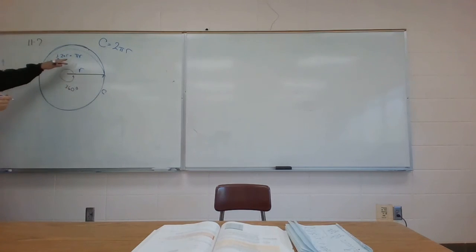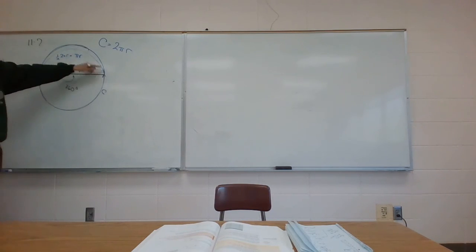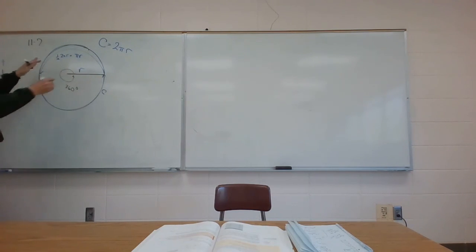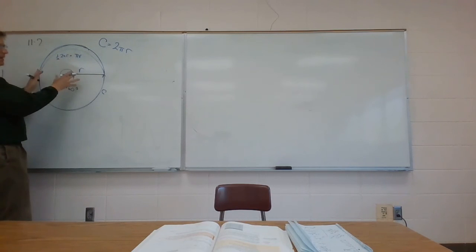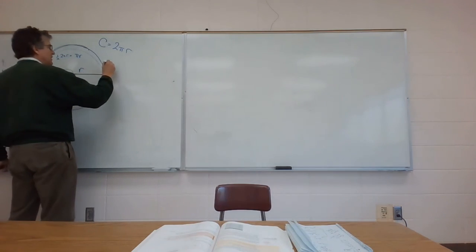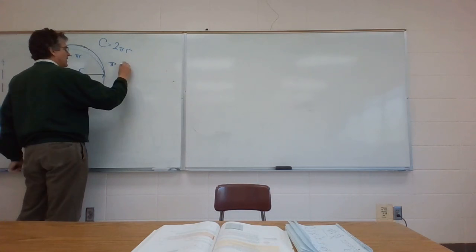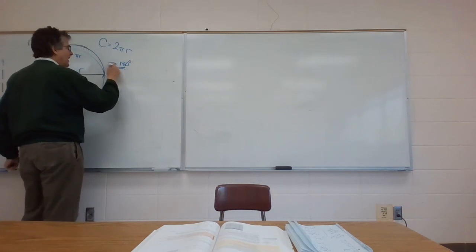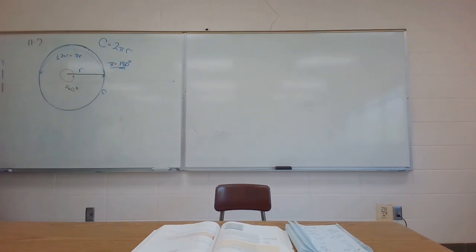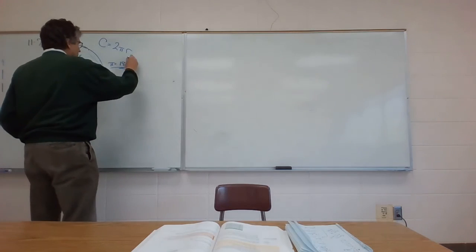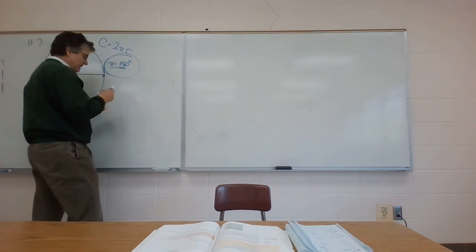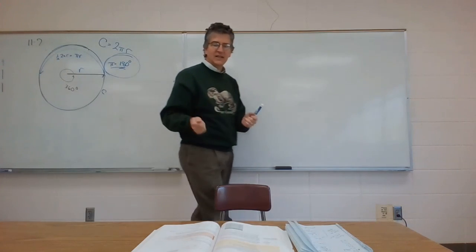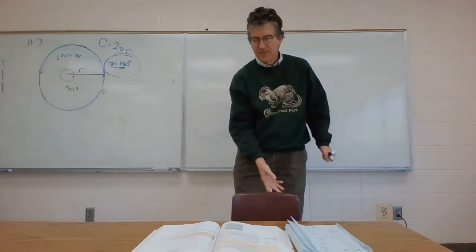So your circumference is pi times the radius for half a circle, 2 pi times the radius for a full circle. And so we see that there's a correspondence between pi and the degrees: pi radians corresponds to 180 degrees. So your conversion factor is this.